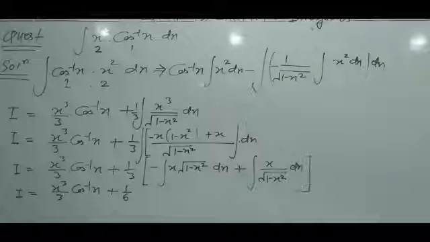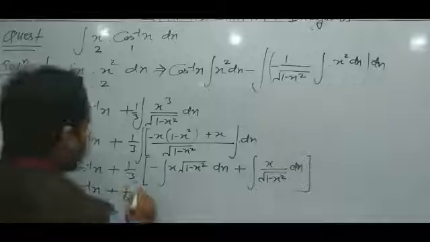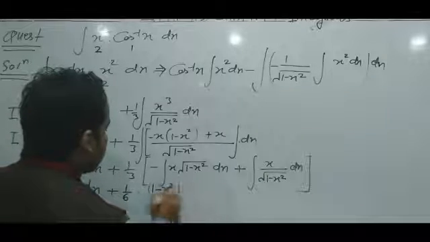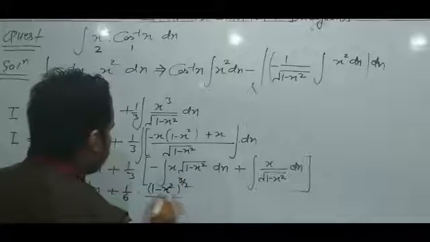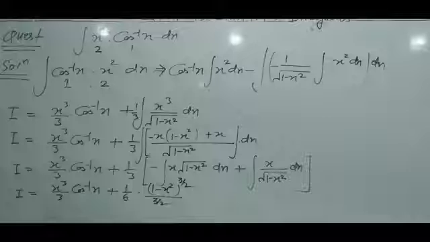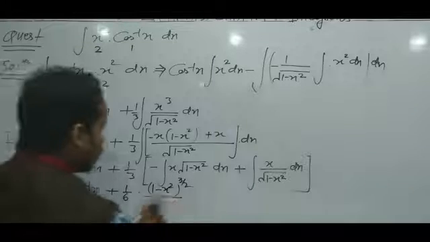So we can write 1 by 6 into 1 minus x square to the whole power 3 by 2 whole upon 3 by 2. See, this result is 3 by 2.